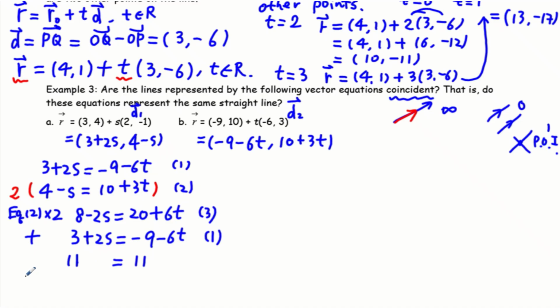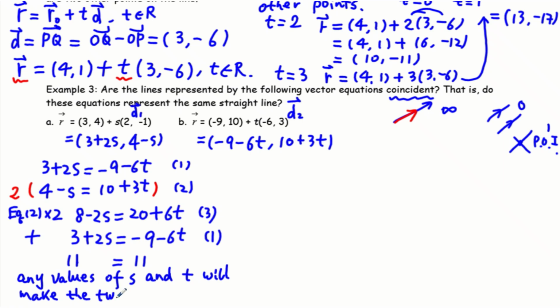What it means is that any values of s and t will make these two equations true, which gives you the same line. If you change the s and t, you will get all the points on the two lines.